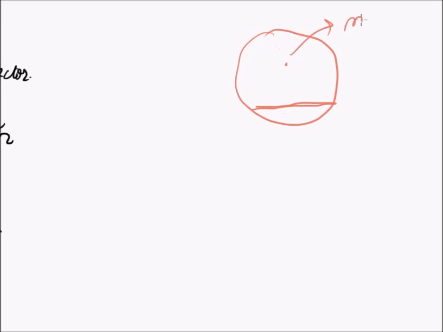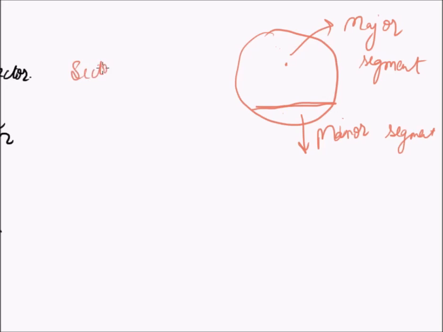This part will be known as the major segment, whereas this part will be known as the minor segment. Unless stated otherwise, the word sector will represent the minor sector, and similarly the word segment will signify the minor segment.